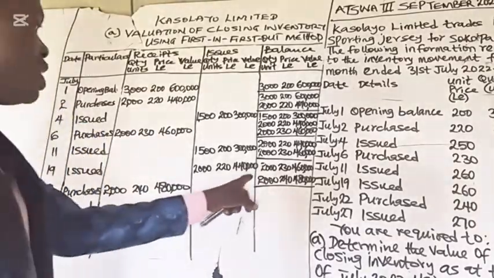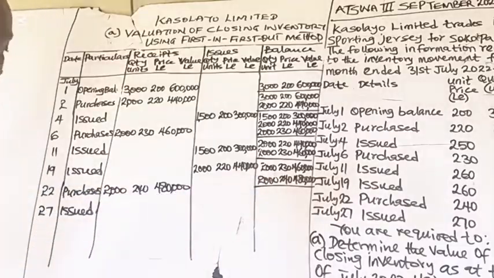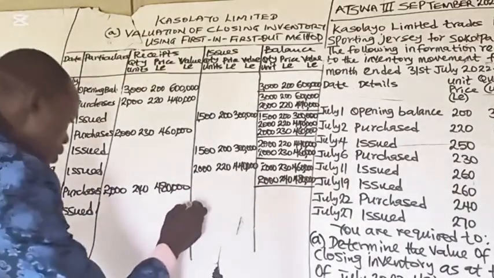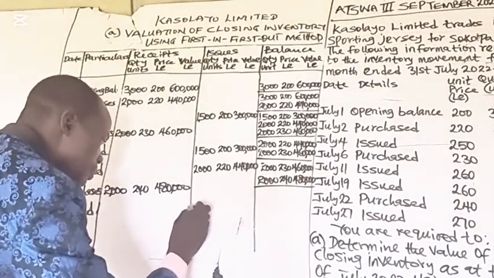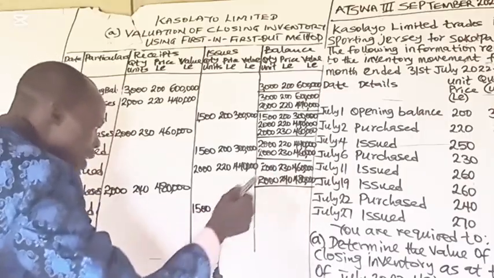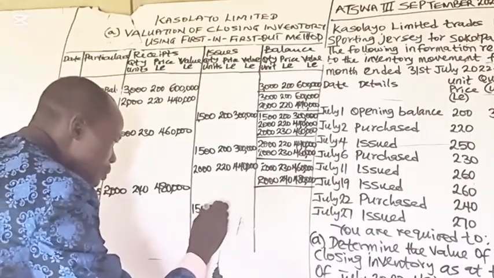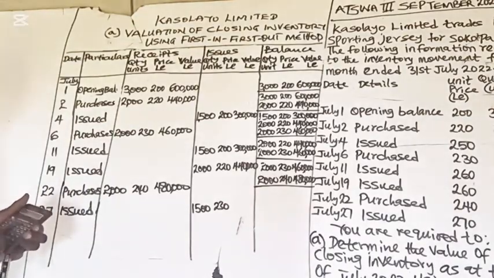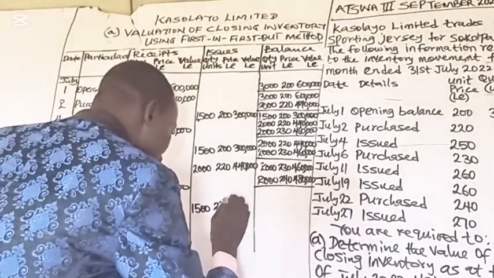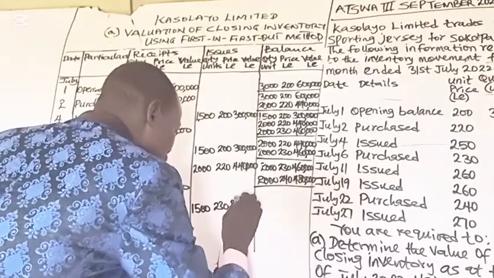So that means your issue can be made from this 2,000. So you move to the issue column. You want to issue 1,500 with a price of 230, and the value of that will be 1,500 times 230. That gives us 345,000.